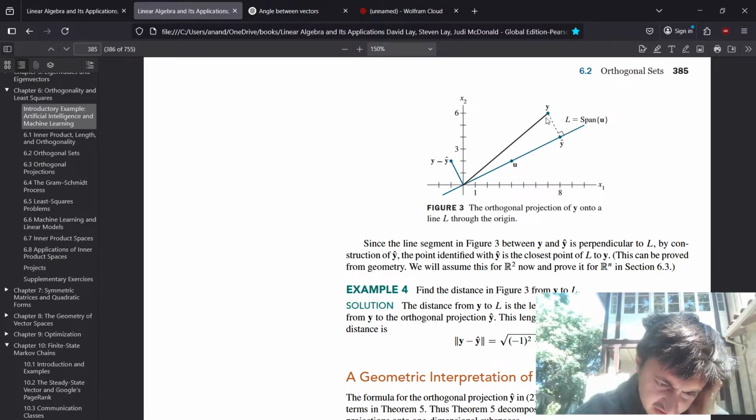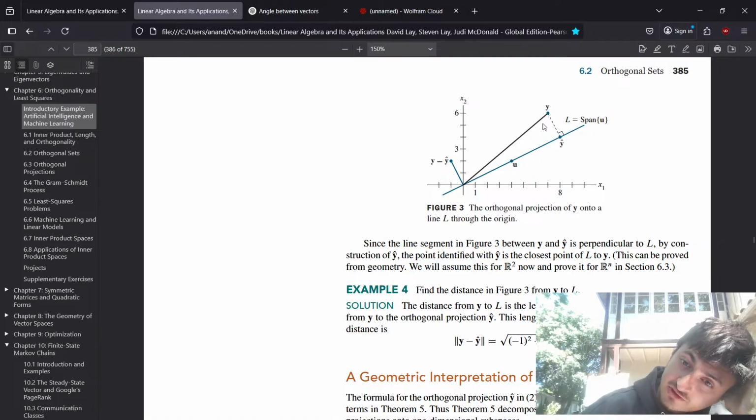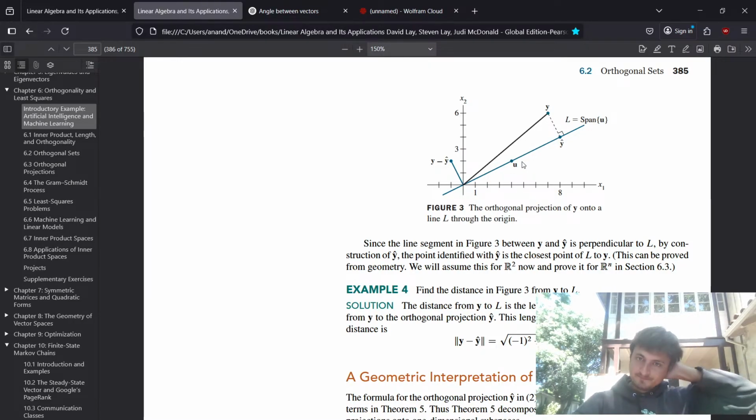There's no way to make the line from y to u orthogonal.